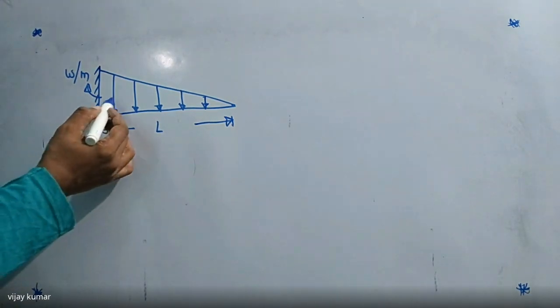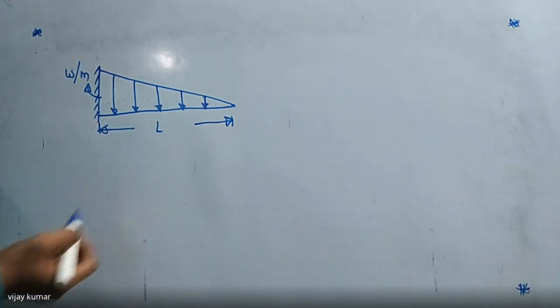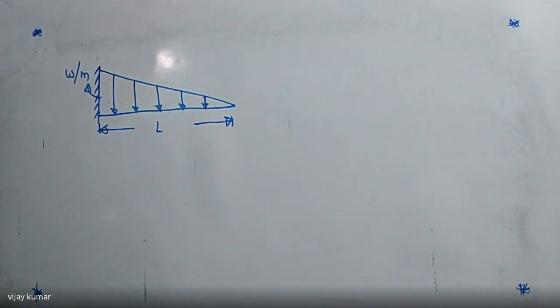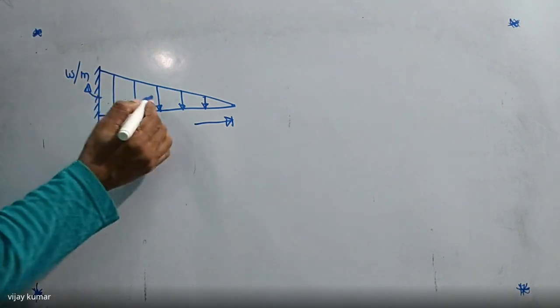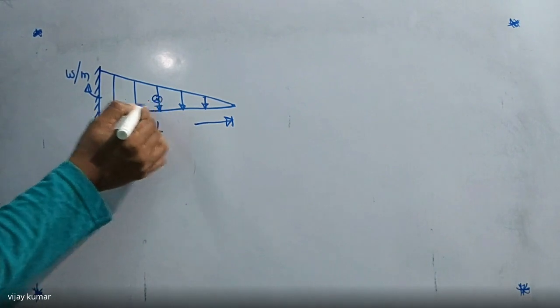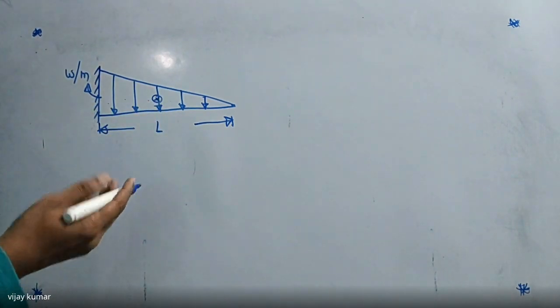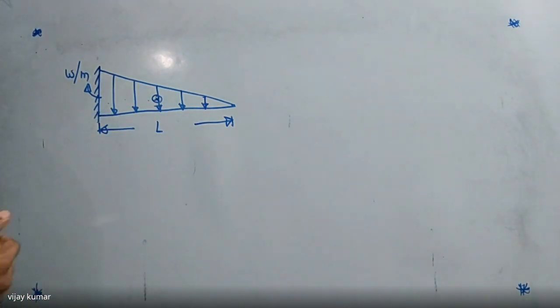So the load varies from point to point along the length of the beam. It is always named a uniformly varying load. So here, I want to find the shear force here and the bending moment here. At the same time, where we are getting the maximum shear force, where we are getting the maximum bending moment, and also we are going to draw the shear force and bending moment diagrams.